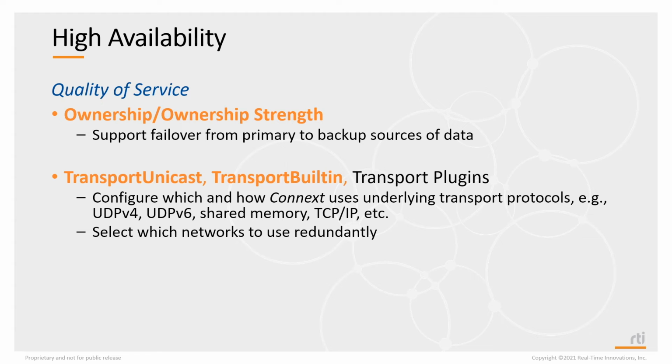You could also send data over different IP networks, perhaps Wi-Fi versus wired Ethernet versus a satellite link. You may have non-IP networks such as shared memory or perhaps a serial line. DDS allows you to use all of these different types of technologies simultaneously.